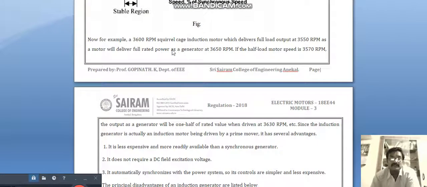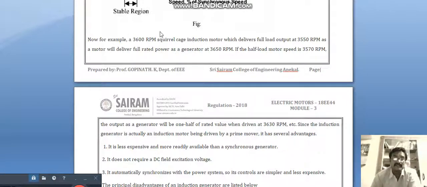Now, for example, a 3600 RPM squirrel cage induction motor, which delivers full load output at 3550 RPM as a motor, will deliver full load rated power as a generator at 3650 RPM. See here, 3600 is the rated speed of this machine.